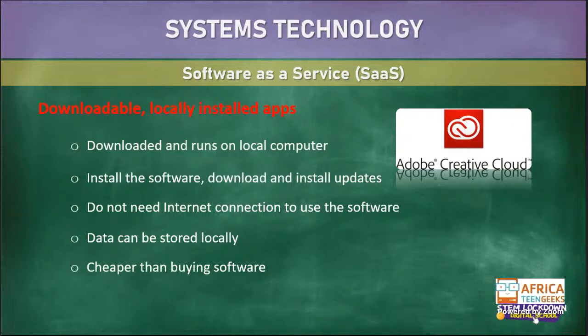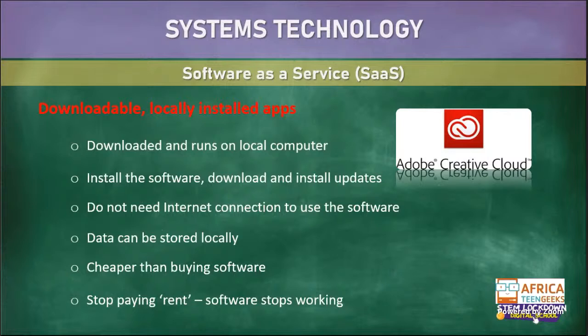Whereas if you decide to use it as SaaS, even though it's downloadable, you pay for the access fee. You are not paying for the software itself. And if you stop paying rent, same as cloud computing, then the software stops working.